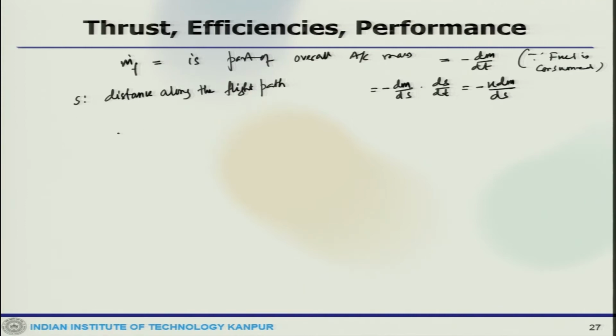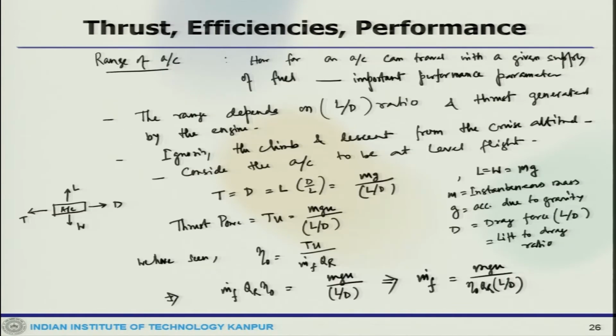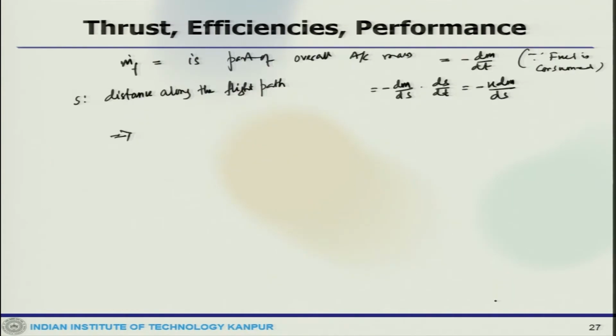Now we put this back in the m dot f expression. So, we get u dm by ds equals mgu by eta naught Q R L by D.